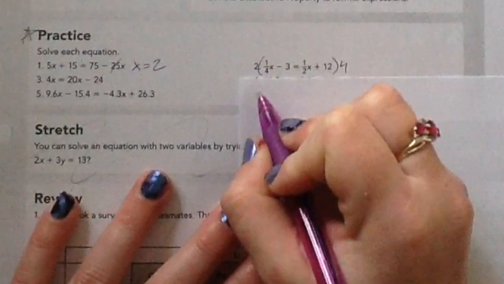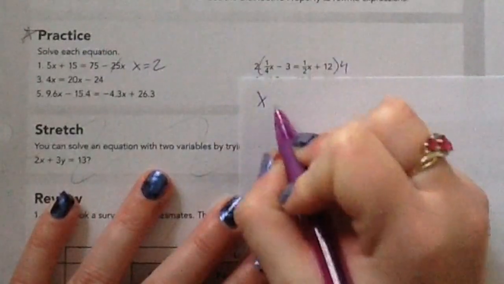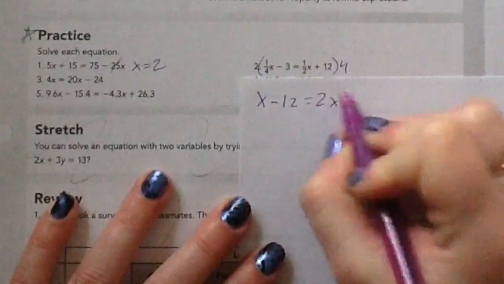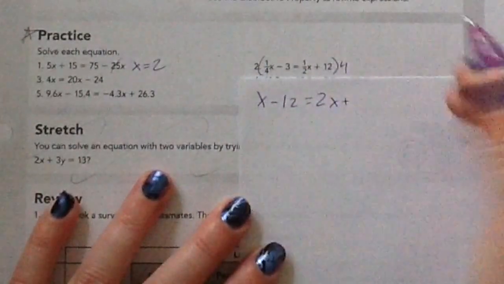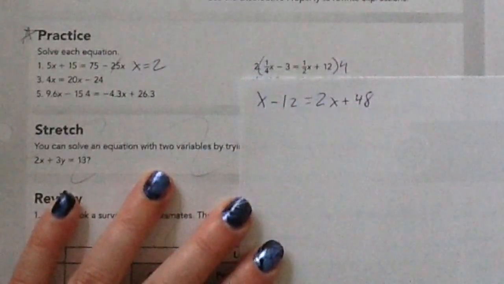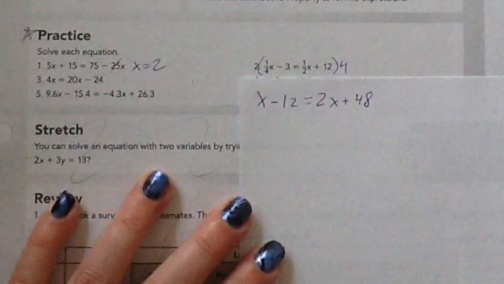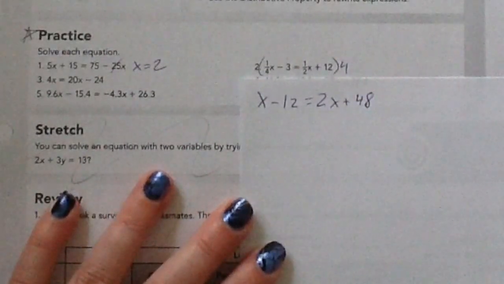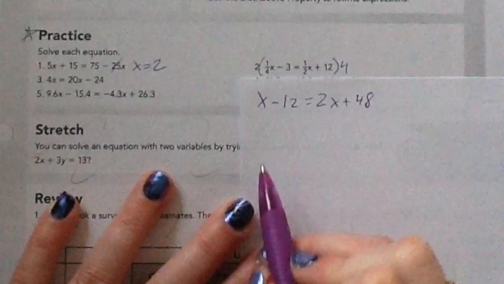That'll change the x into just 1x. That negative 3 will be negative 12. 1/2 will become 2. And the 12 will become 48. So even though it's the same problem, things are still equal to each other, and it's going to be easier to deal with than having to deal with those fractions. So now we can work through this. We'll move x to one side.